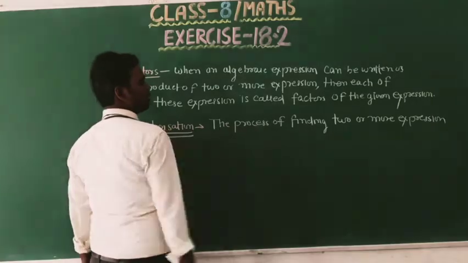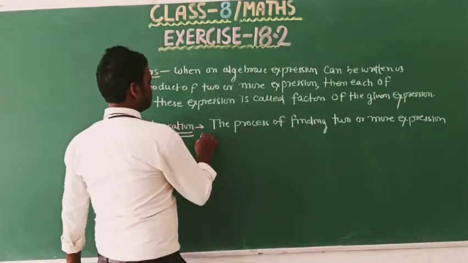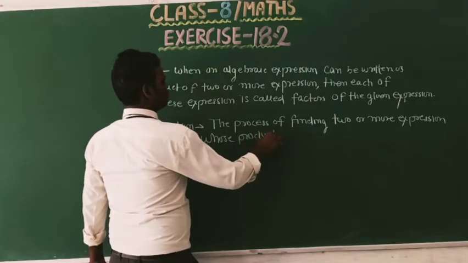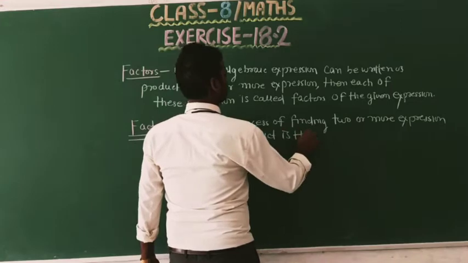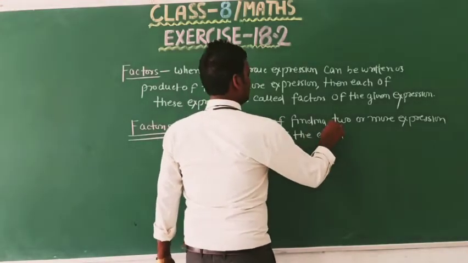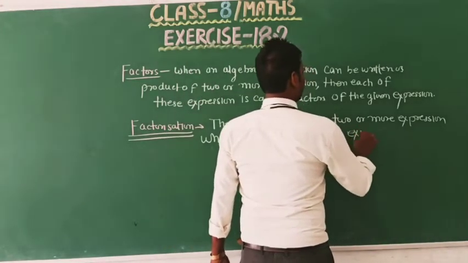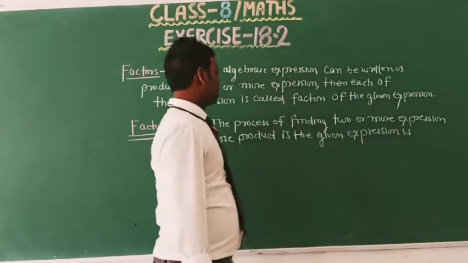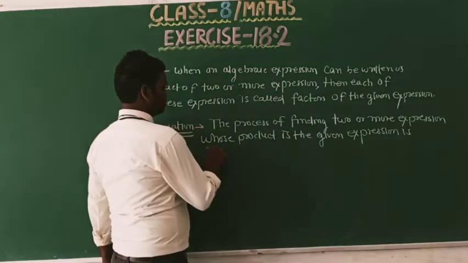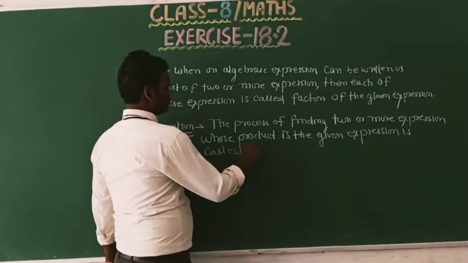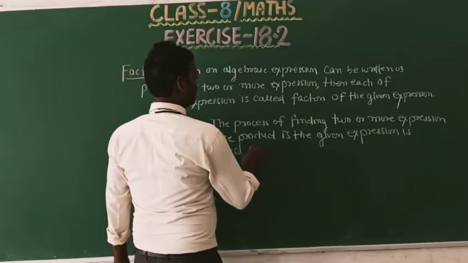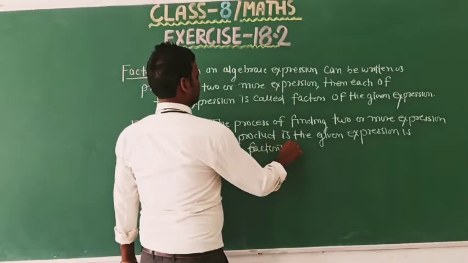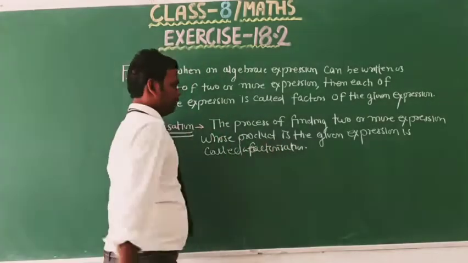The process of finding two or more expressions whose product is the given expression is called factorization. Okay.